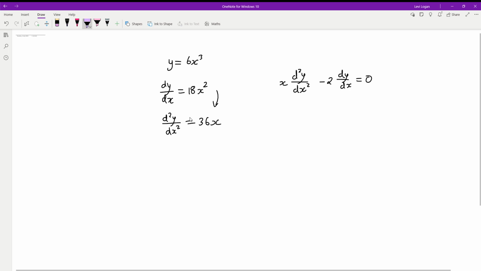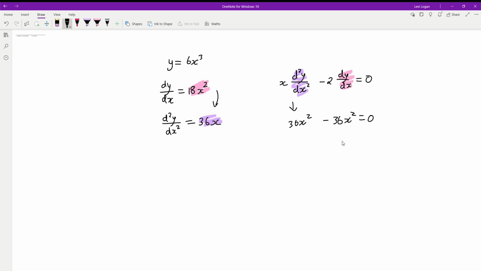Because if we substitute the second derivative in here, that would turn into 36x squared. And then, what about this bit? This is the first derivative, put that in here. You get negative 2 times 18, which is negative 36x squared, equal to 0. 0 equals 0. Boom. This is a differential equation we've just made from a simple polynomial.